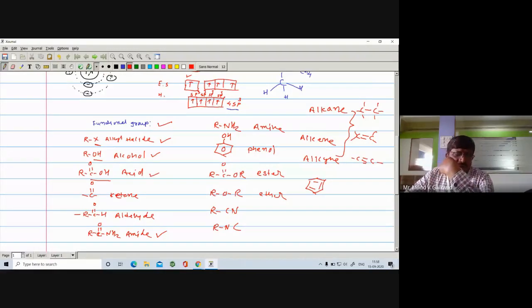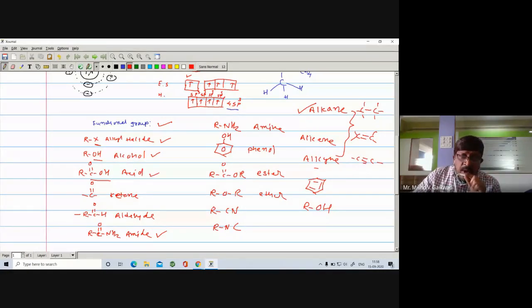In organic chemistry, you should know thiol also. ROH is also one of the examples of a functional group. Even if you know alkane, you can understand the remaining functional groups. You know organic compound, carbon, electronic configuration, and the functional group.